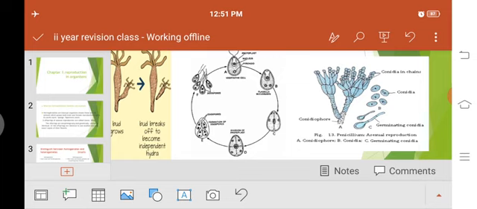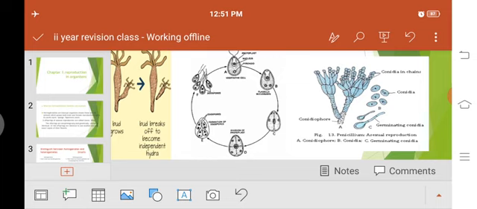Understood? Here are fungal hyphae, and at the tip they are capable of producing spherical structures, and these spherical structures are called conidia, which are also called conidiospores. Understood? And they are produced here in chains.